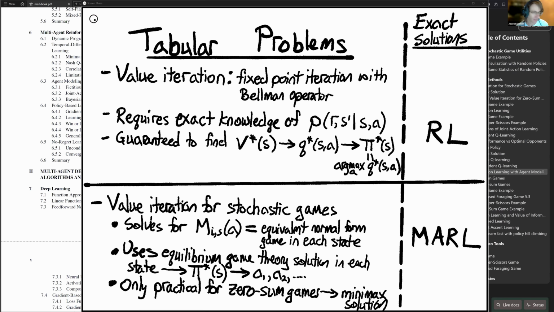In this case, these m values contain the value for that agent once the joint action selection happens, where now this value is accounting for all of the future transitions.